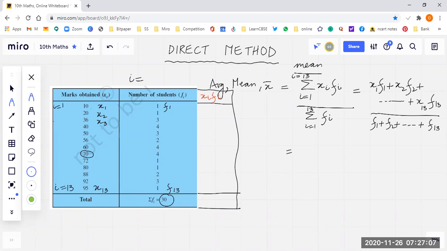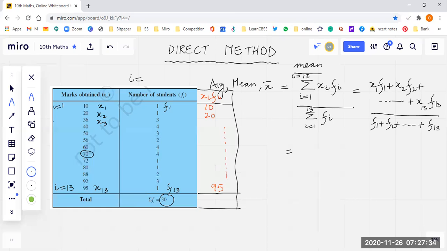Now I'll multiply 10 by 1, so that will be 10. I'll multiply 20 by 1, this is x2 f2, so that is also 20. Similarly, I'll do all the multiplication, 36 by 3, 40 by 4. After doing all the multiplications, the last one: 95 into 1 is 95. To save time, I'm leaving all these observations.